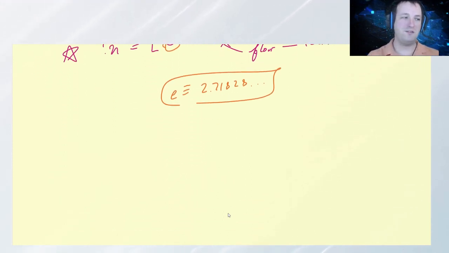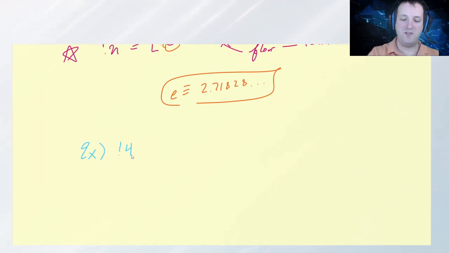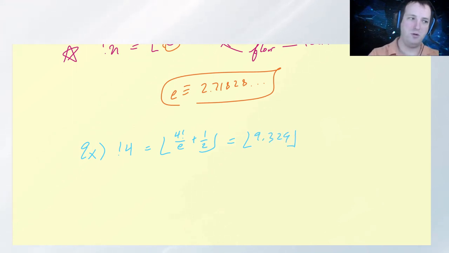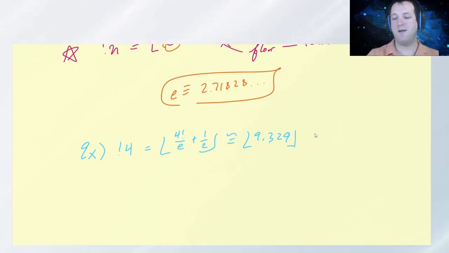So just as an example, if we want to calculate 4 subfactorial via this relationship, this is going to be equal to the floor of 4 factorial all over e, plus 1/2, and that's going to be equal to the floor of 9.321, approximately. And of course, if we round that down, we're going to get our normal answer of 9.